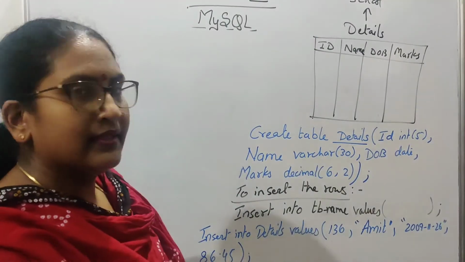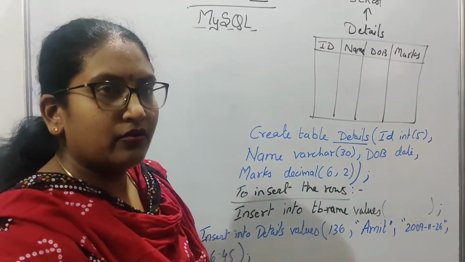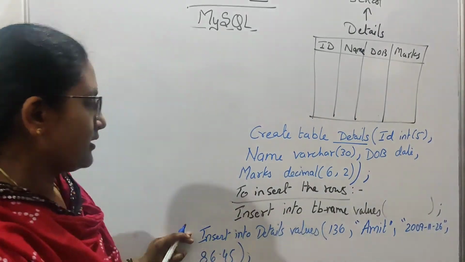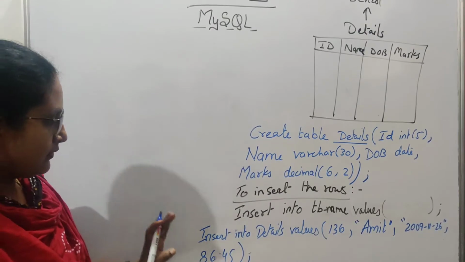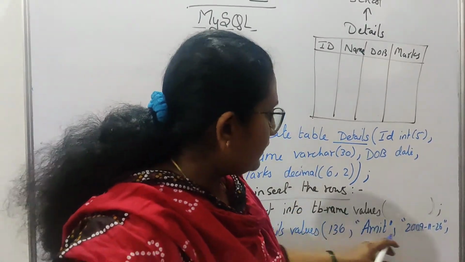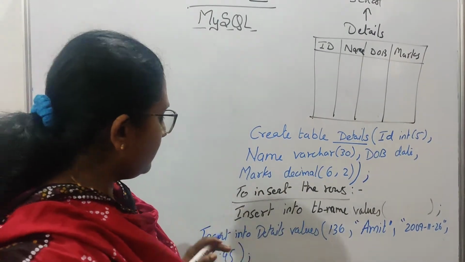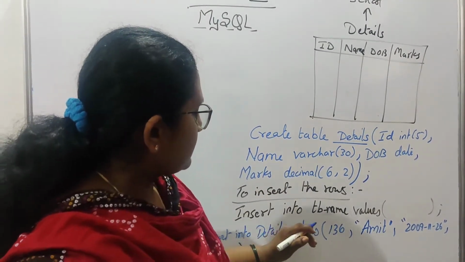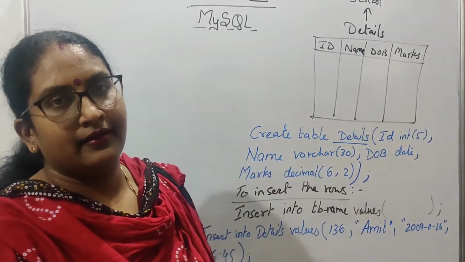Now if you want to insert 5 rows, 10 rows, 100 rows, you have to insert in the same format. Again next you have to write insert into details, values, another detail of the student. Third one also, insert into details, values, the third content.